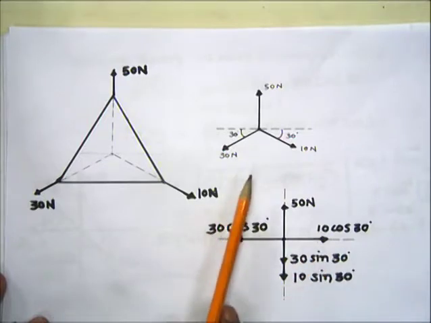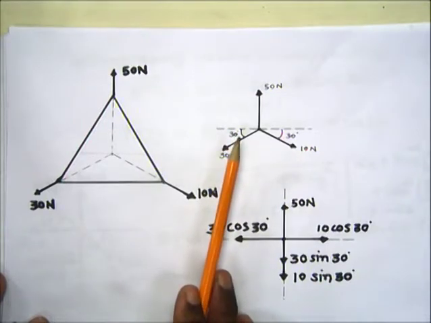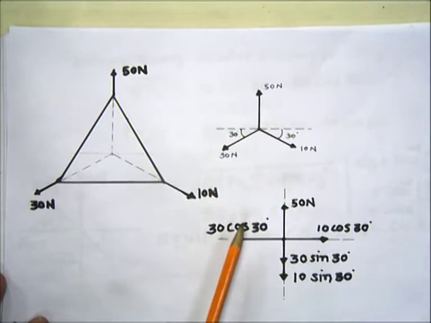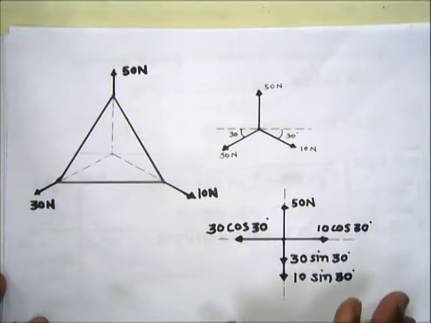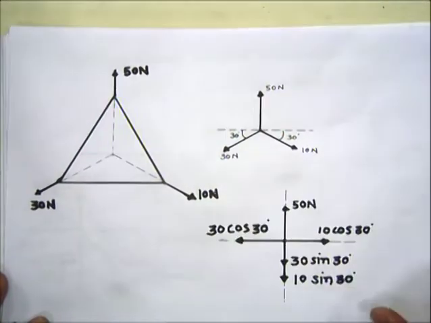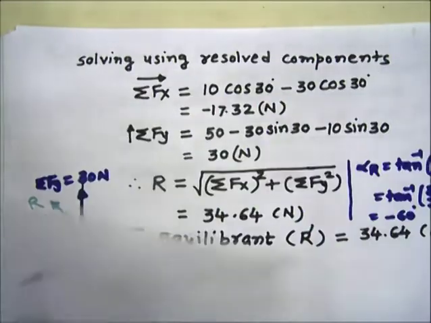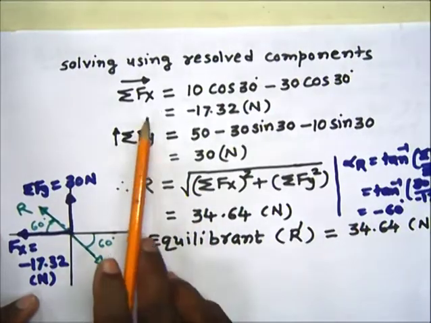Then to resolve the 30 Newton force, which makes an angle of 30 degrees with the negative x-axis, we resolve it as 30 cos 30 along x, because the angle is with the x-axis so it is the adjacent component, hence cos, and 30 sin 30 along y. So on resolving the forces along two orthogonal axes and simplifying, we can proceed further to find the equilibrant force.